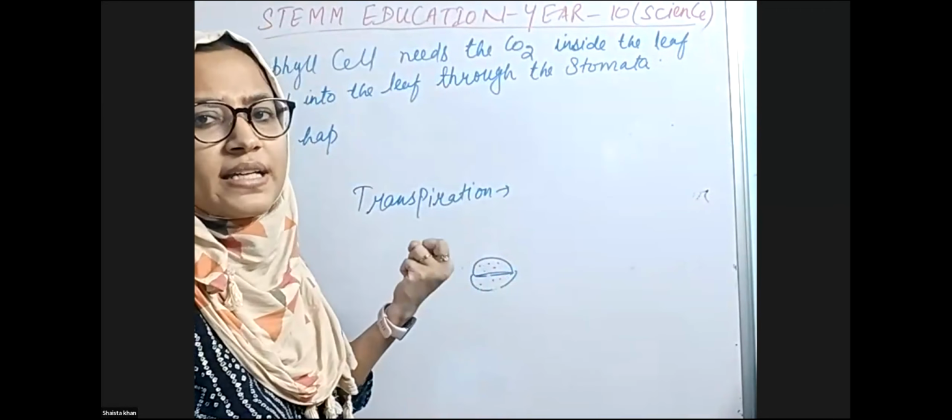That is known as transpiration. The stomata on the leaf is the only part where gaseous exchange happens, and extra water is released to the atmosphere in the form of water vapor.